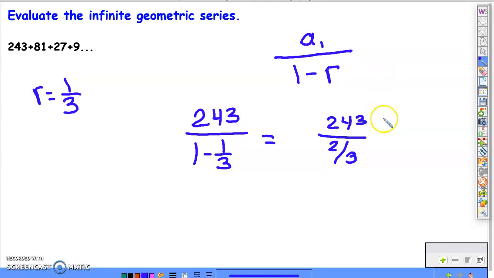And if you calculate that out, you can multiply by the reciprocal, or you could simply type in your calculator, just put the 2/3 in parentheses, and you're going to come out to an answer of 364.5. And we're done.